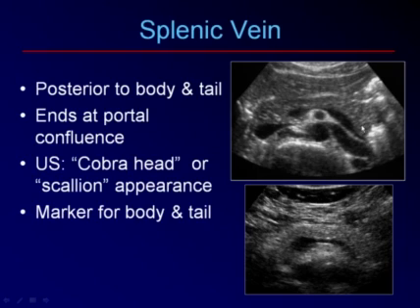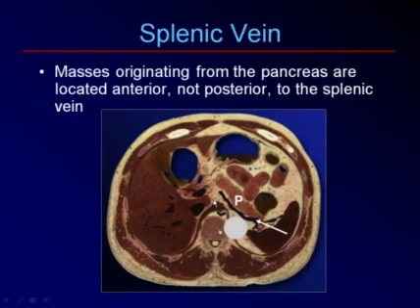It's immediately in front. Here's another classical cut showing that portal splenic confluence a little better here with pancreas anterior to it. Now the splenic vein is a useful anatomic structure because the pancreas being in front of it, we know that if masses are found anterior to the splenic vein, then they are of pancreatic origin.